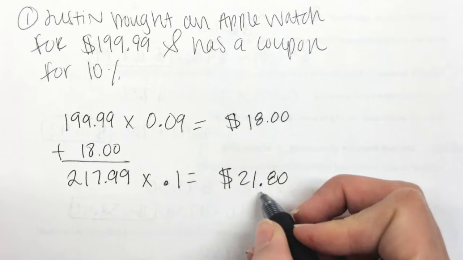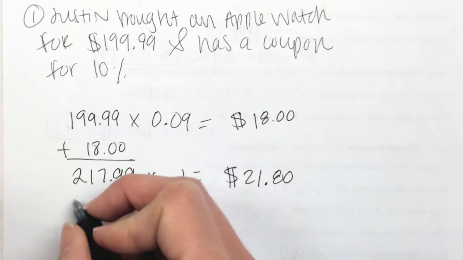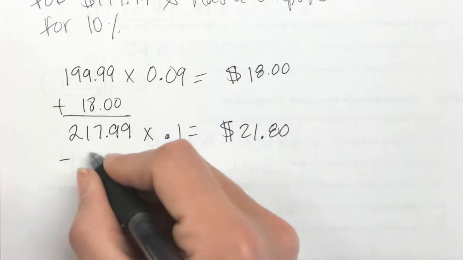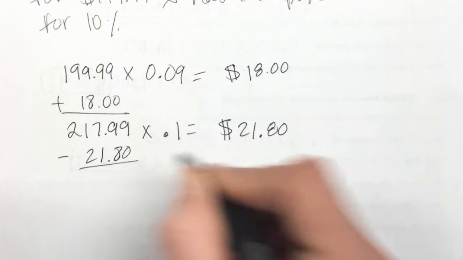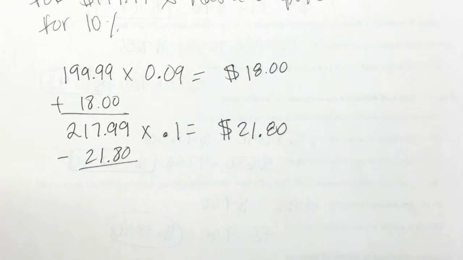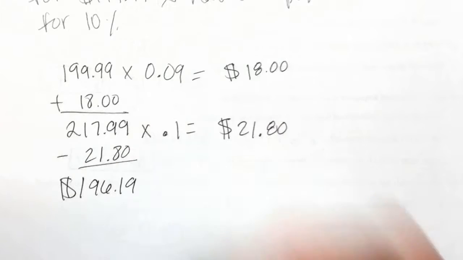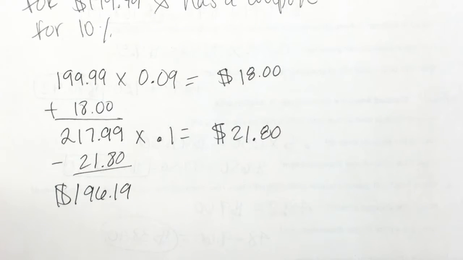And then we do what with this? Subtract it, because it's the discount. So when we subtract it, we'll get what? 196.96. Yes, that would be the correct answer. Alright, any questions? We're about to do one more like this, so any questions?